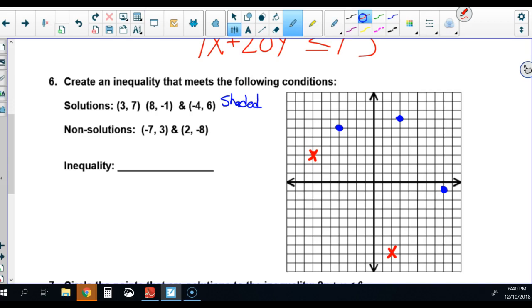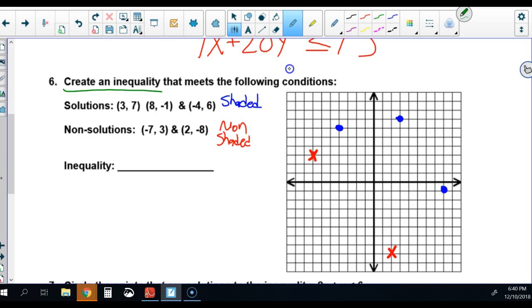So those are in the non-shaded area. So now we need to create an inequality, go with green, that meets those conditions. So we need to make a line, make an equation, where the blue dots are shaded in and the red dots are not.